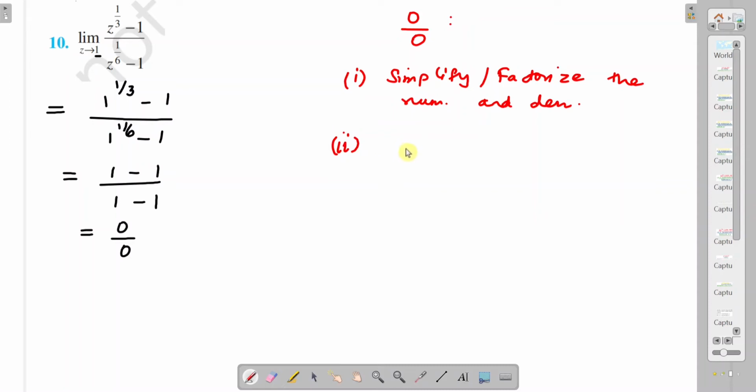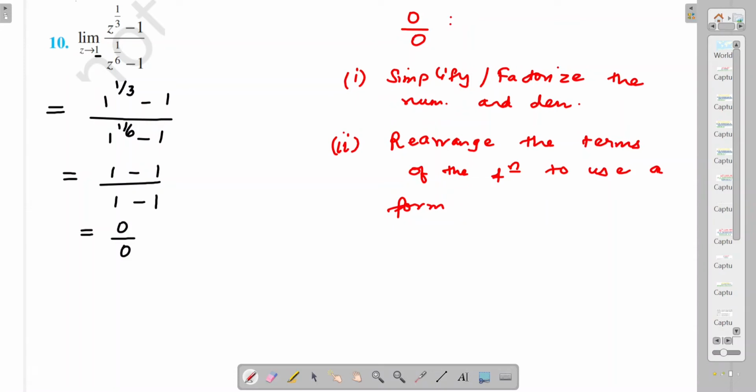Second, you have to rearrange the terms of the function to use a formula.